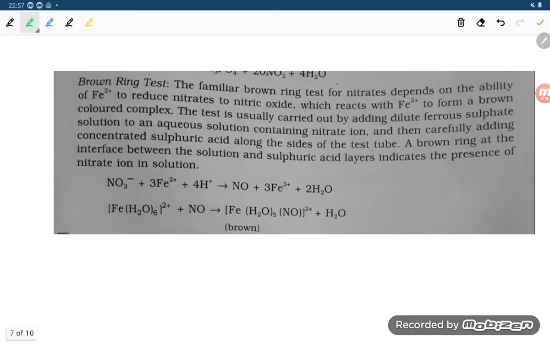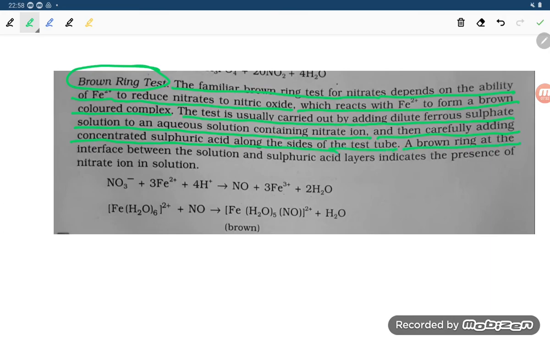Next point, the brown ring test, which is the most important. The familiar brown ring test for nitrates depends upon the ability of Fe2+ ion to reduce nitrate to nitric oxide, which reacts with Fe2+ to form a brown colored complex. The test is carried out by adding dilute ferrous sulfate solution to an aqueous solution containing nitrate ion, then carefully adding concentrated sulfuric acid along the side of the test tube.